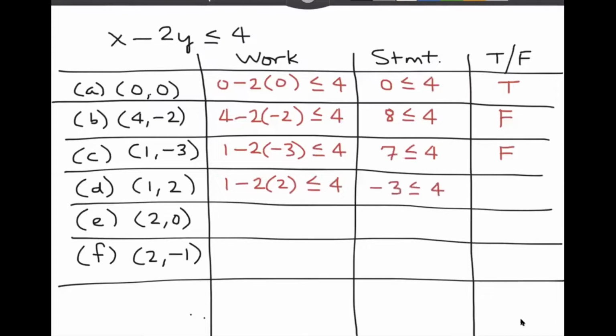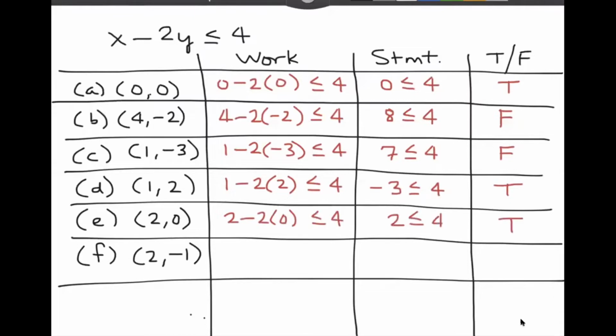Negative 3 is less than or equal to 4, so that's true. 2 minus 2 times 0 is 2. 2 is less than or equal to 4 is a true statement.